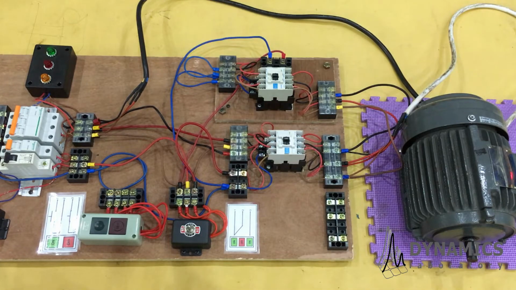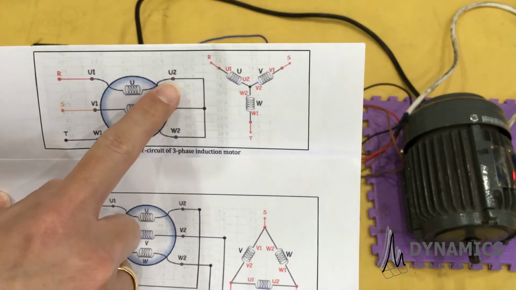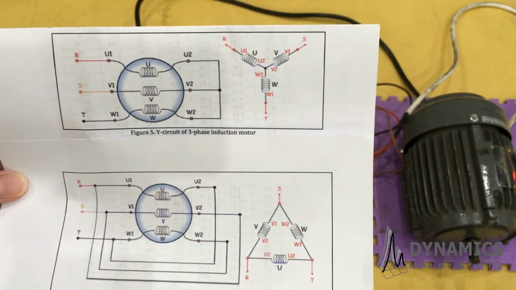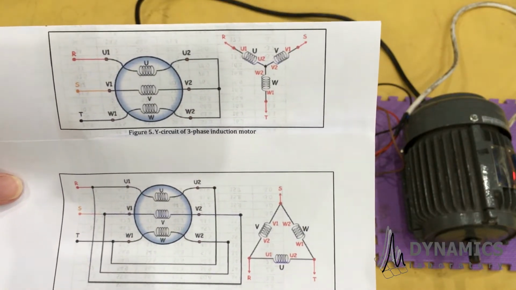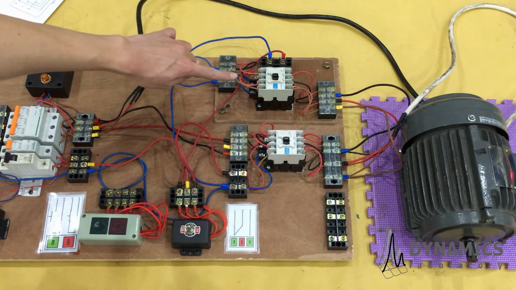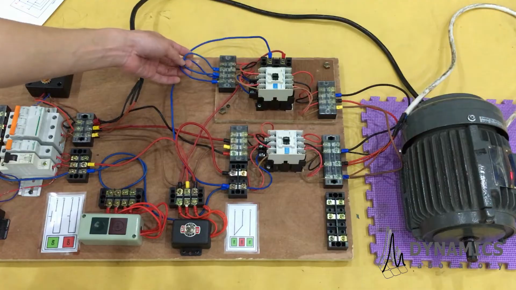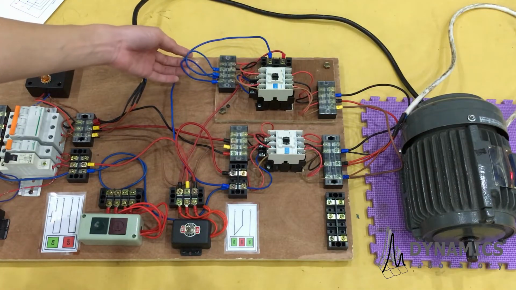U, V, and W. And as we have already discussed in the diagram, the second coil ends are connected to each other if you want to create the Y circuit. That's why, as you can see in the second contactor, we jump each other. Do you still remember?